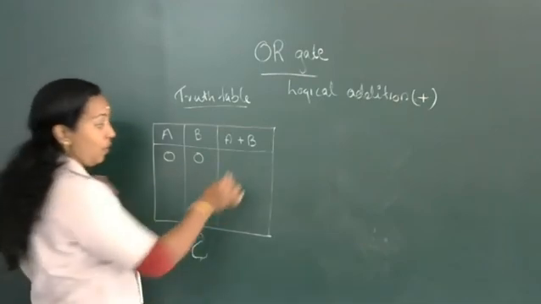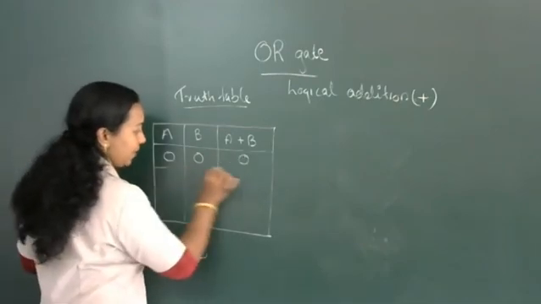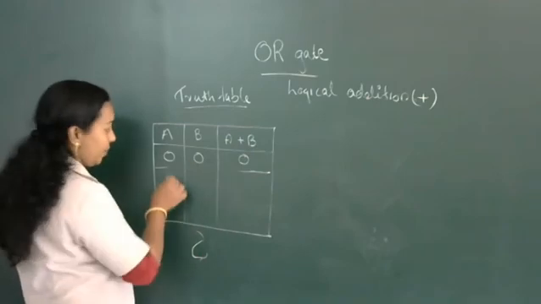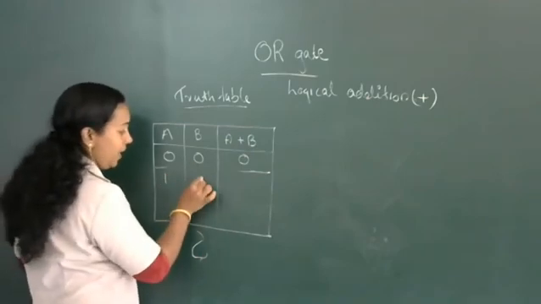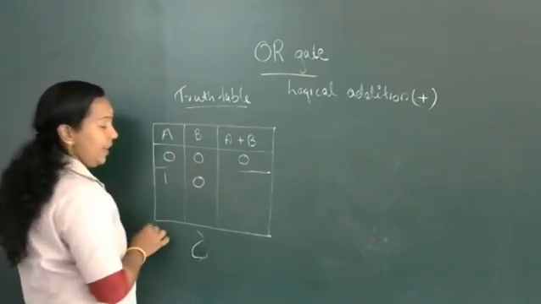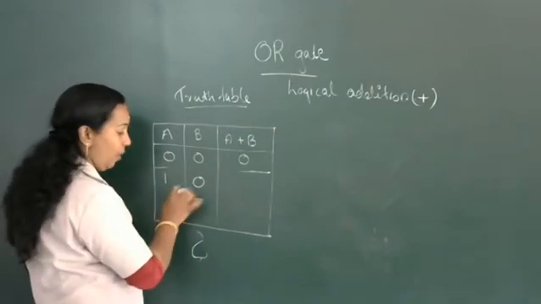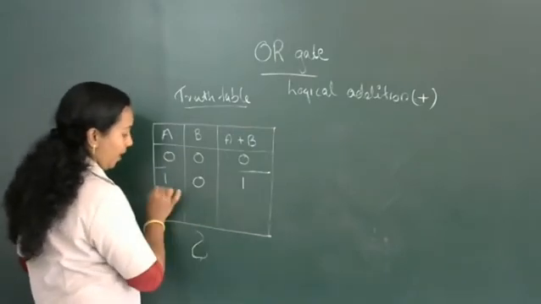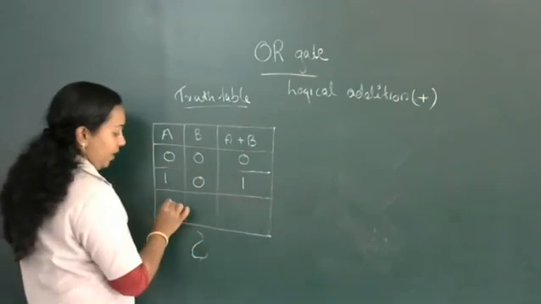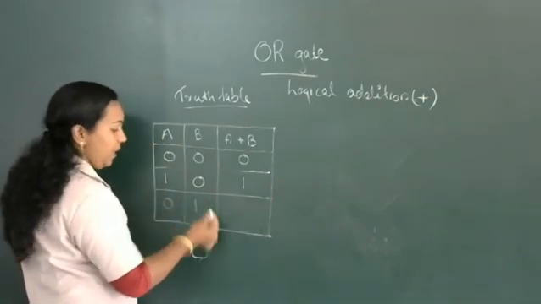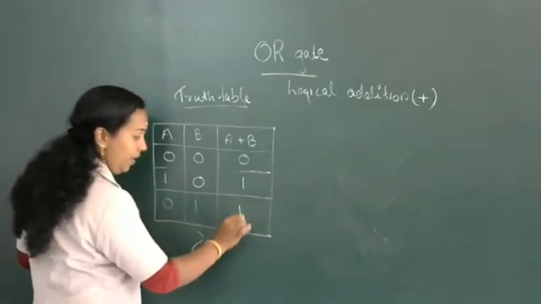If A is equal to 0 and B is equal to 0, 0 plus 0 is 0 itself. Next, A is equal to 1, B is equal to 0: 1 plus 0 is 1. Then A equal to 0, B equal to 1: 0 plus 1 is 1.